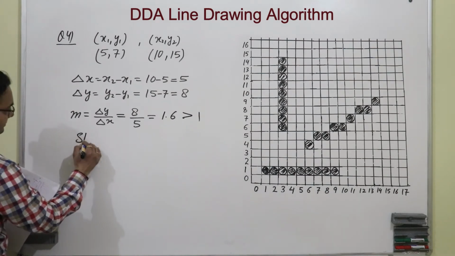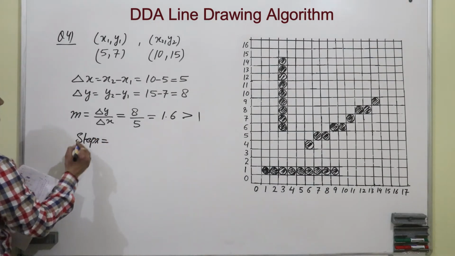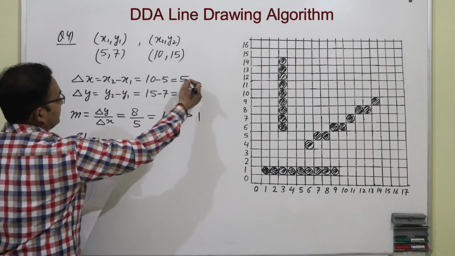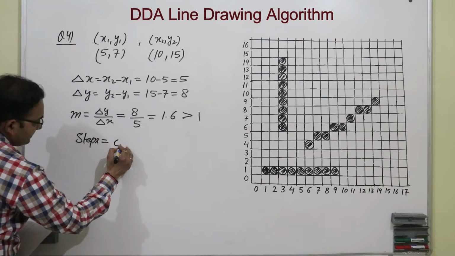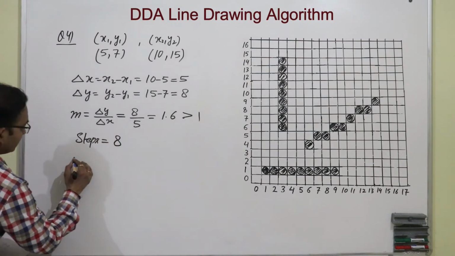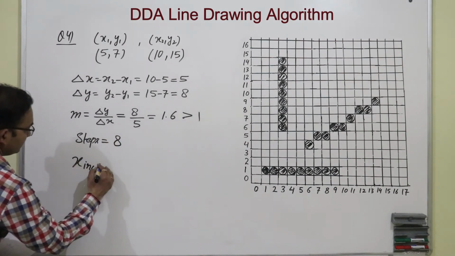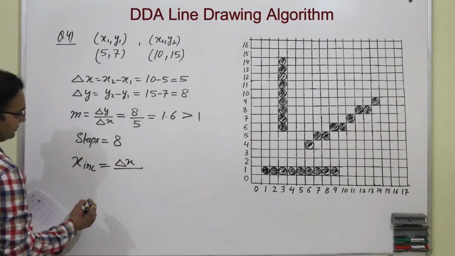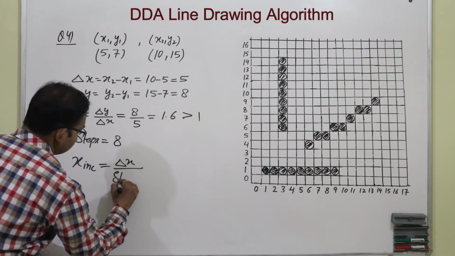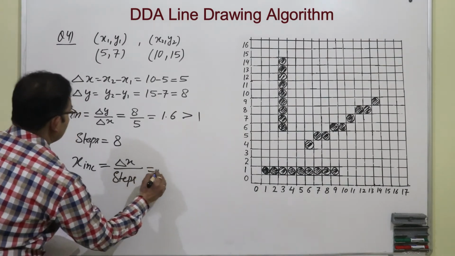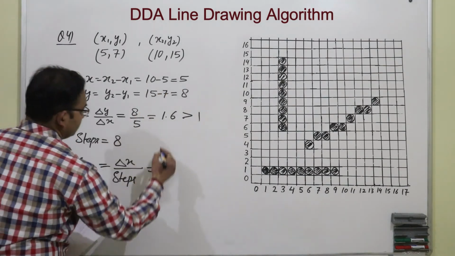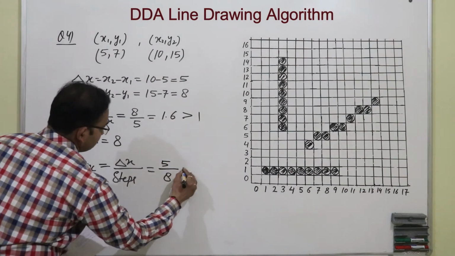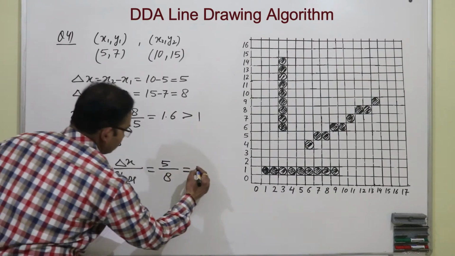Steps, delta y is greater than delta x, so steps is 8. X increment, change in x upon steps, change in x is 5, steps is 8, so it is 0.6.